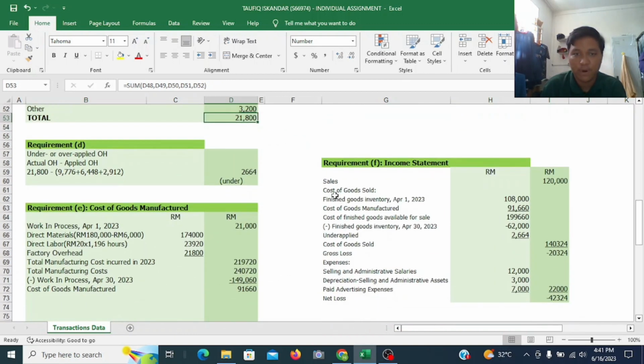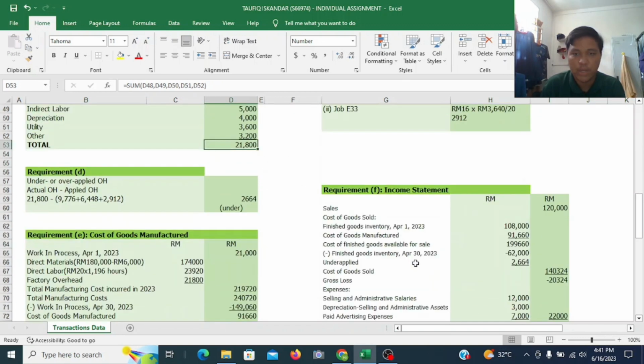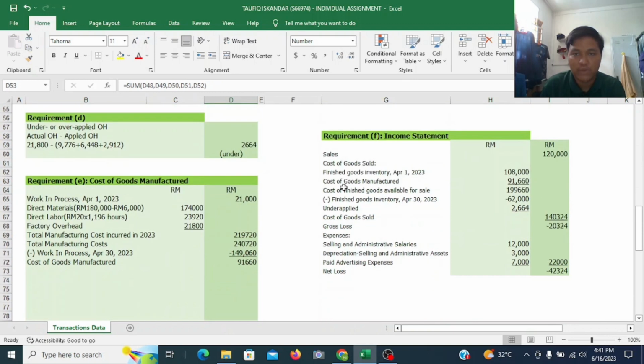For cost of goods sold, we start with the beginning finished goods inventory, where the value is 108,000. Then we plus the cost of goods manufactured, 91,660.